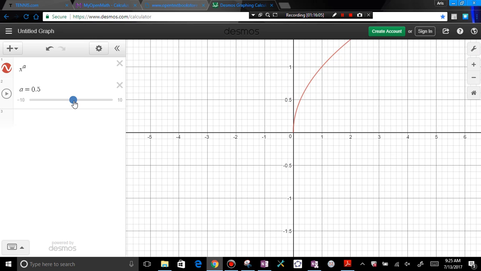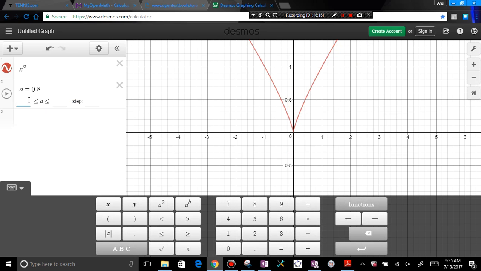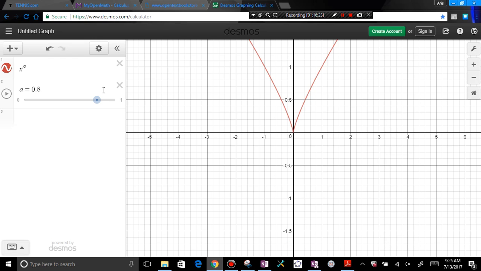For none of these values of A does it look like you have a derivative at 0. I'm just taking A between 0 and 1. Just outrageous. No derivative for any of those at the origin.